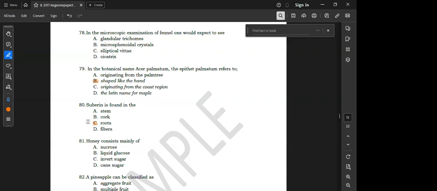Okay, I can see some say the cork and the others say the root.